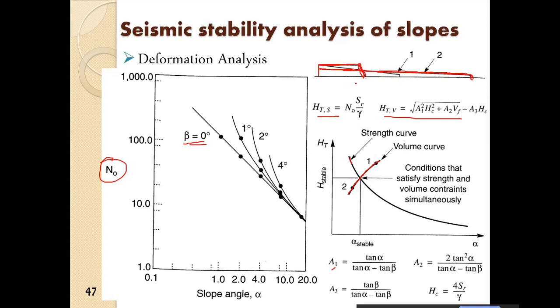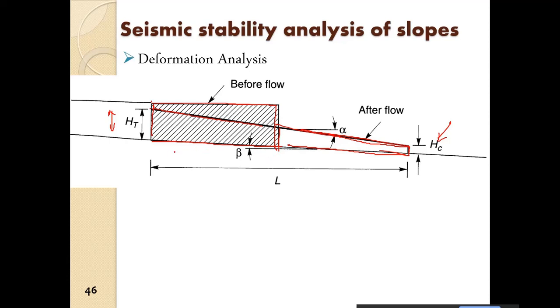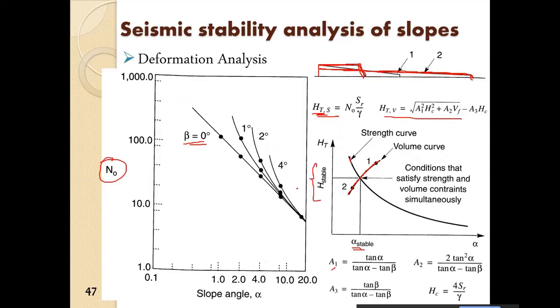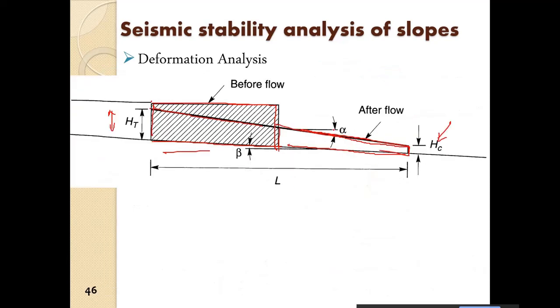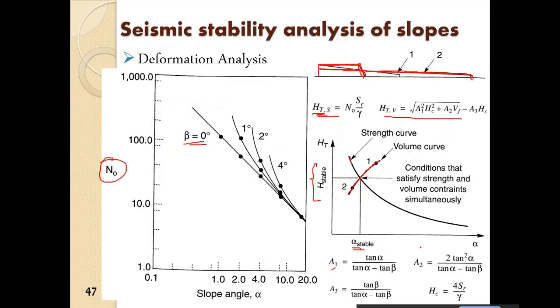So the volume of the flow will remain the same. HT and alpha stable are obtained for this volume curve. Beta here is the slope angle, and alpha is the slope angle after the failure.